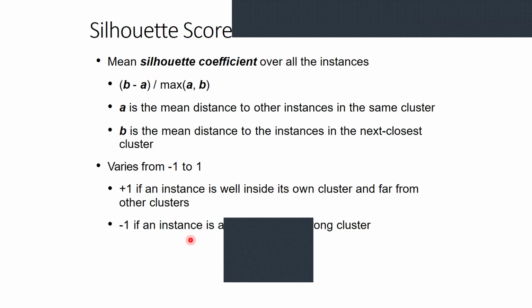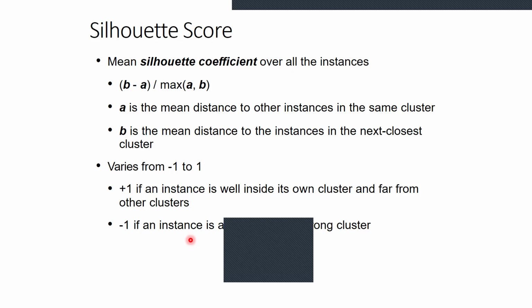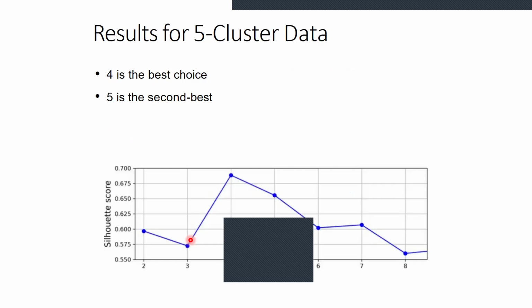Now we'll see the result for each number of clusters. Here is the result for the clustering data with 2, 3, 4, 5, 6, 7 and 8 clusters.